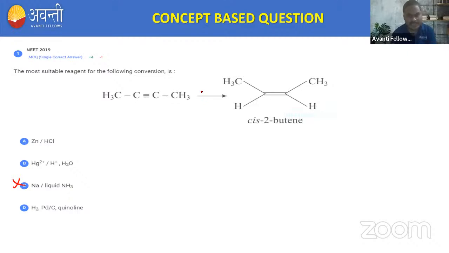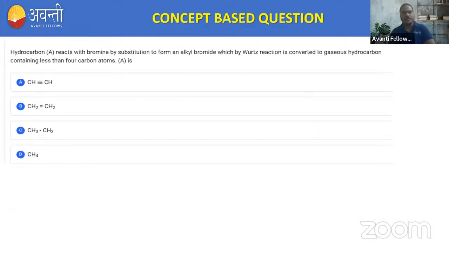So this is an example of syn addition which takes place in the presence of H2/Pd-C, right? So the most suitable reagent for the following conversion is this H2/Pd-C, also known as syn addition. So option D is correct. Which option is correct, beta? Option D.